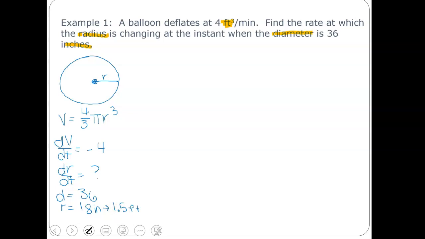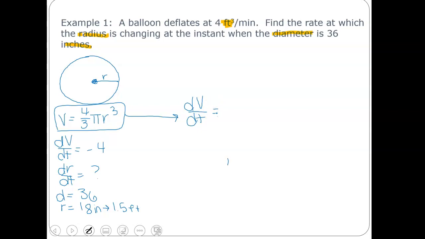So now we're going to take the equation we know and find its derivative. So we're going to find the related rate of volume and radius with respect to time.